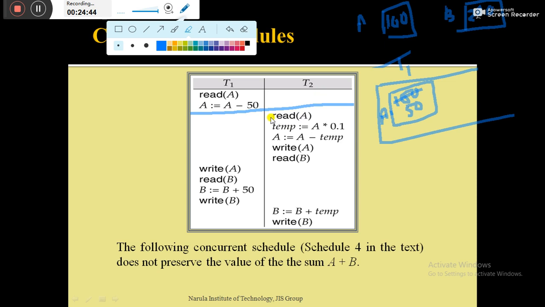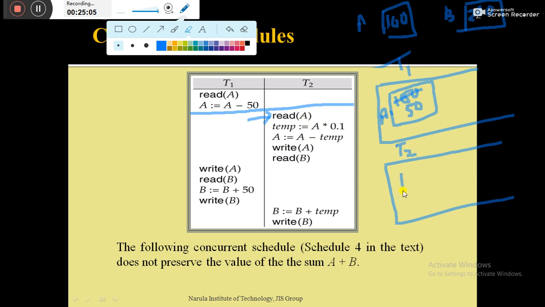Then at that point of time, the CPU releases T1 and starts executing transaction T2. So in the RAM, another local buffer will be assigned for T2. Say this is the local buffer corresponding to transaction T2.